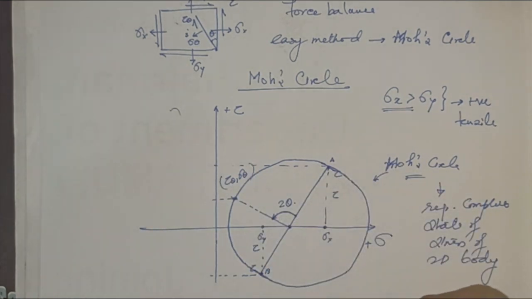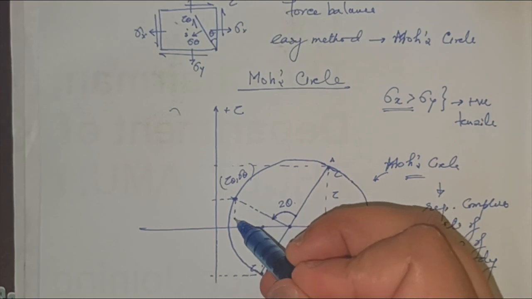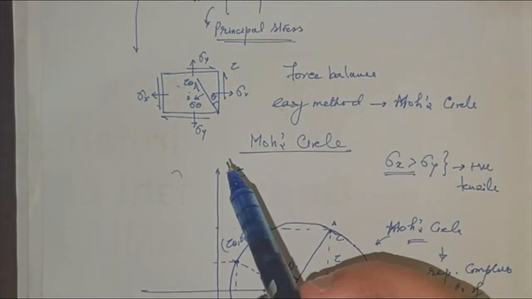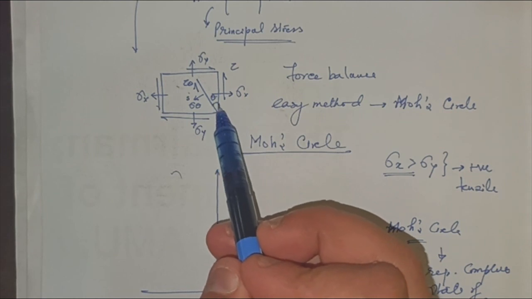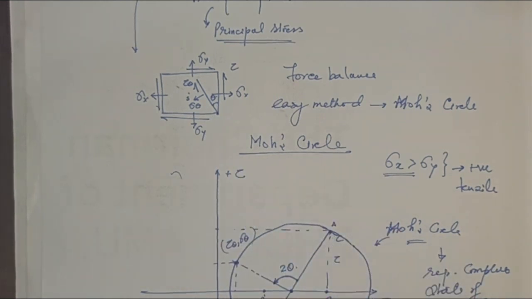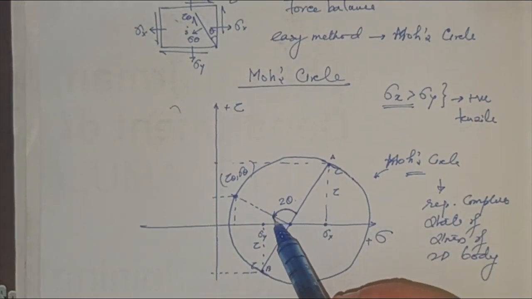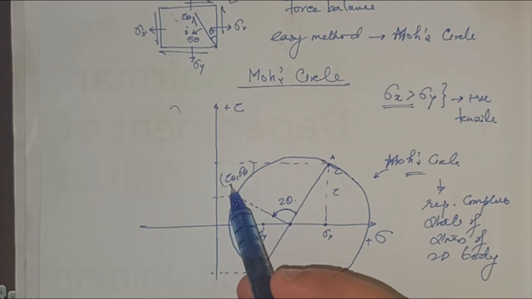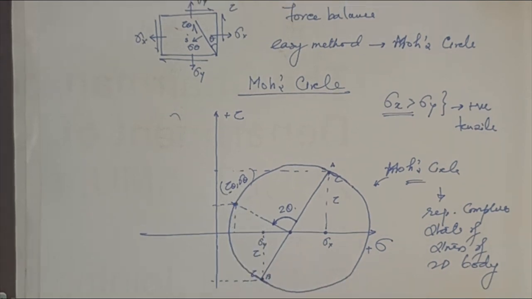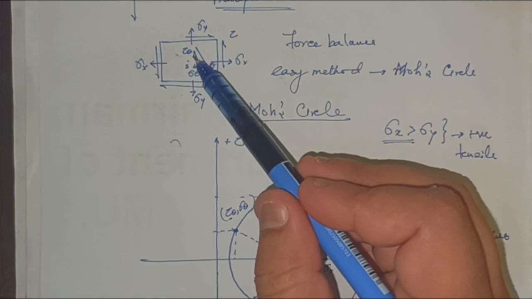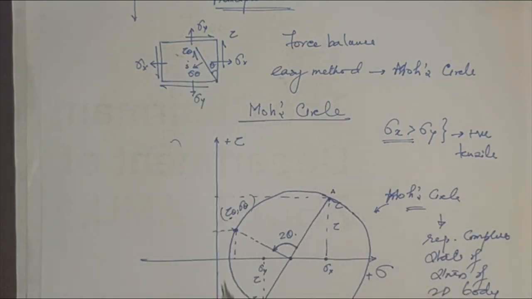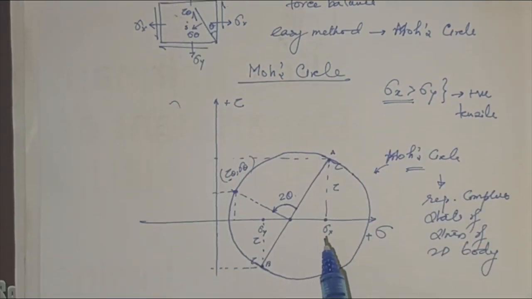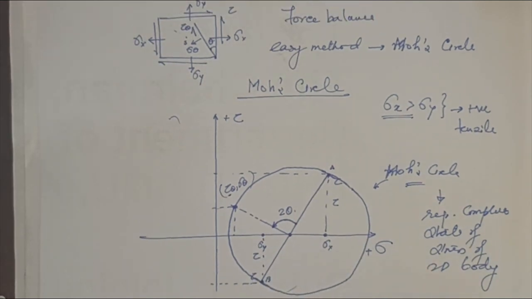Since we have taken this in an anti-clockwise direction, from the diameter line take 2 theta anti-clockwise and choose a point on the periphery. That point will represent tau theta and sigma theta, so we can find the normal stress and shear stress there. I hope this is very easy and clear to you.